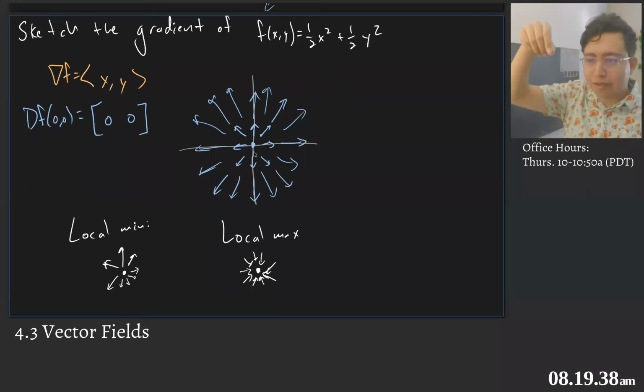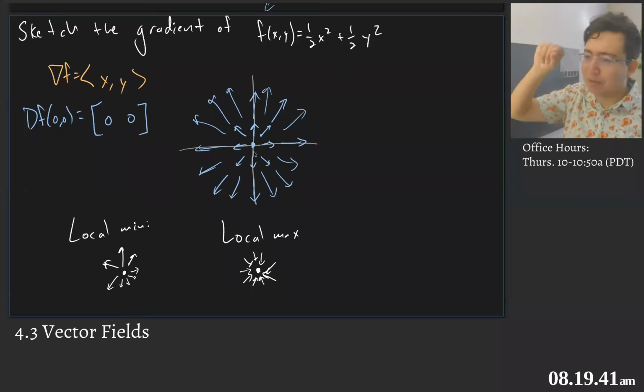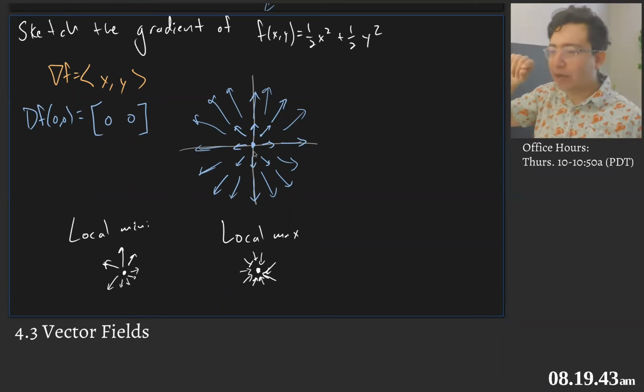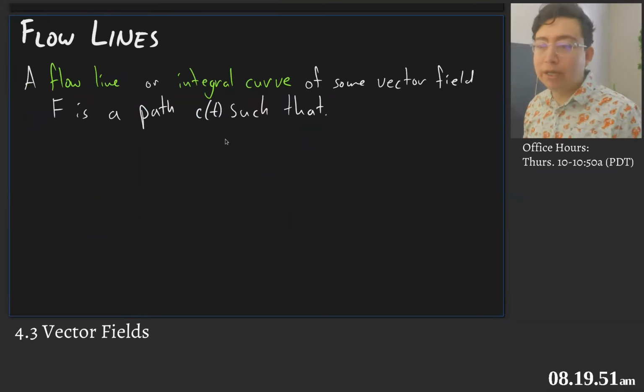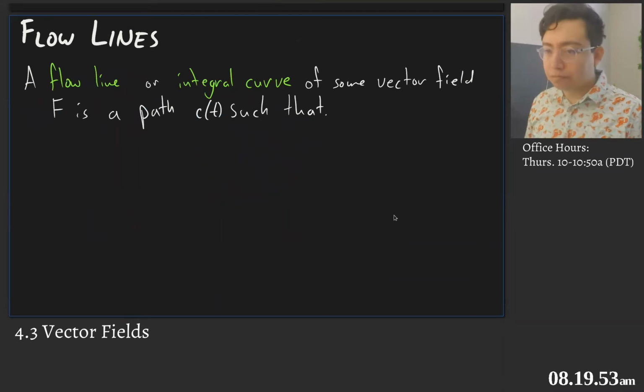If I just drop a little particle at a certain point, where will that particle flow in the water? Okay, and so that's what we call flow lines or integral curves. So we use these two words interchangeably, either a flow line or an integral curve.